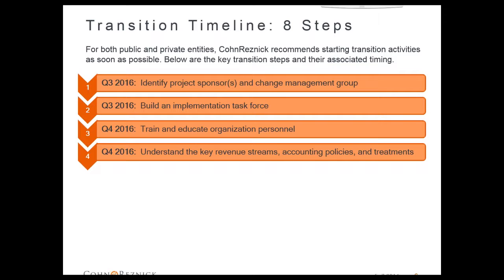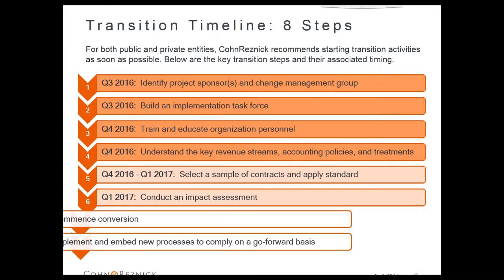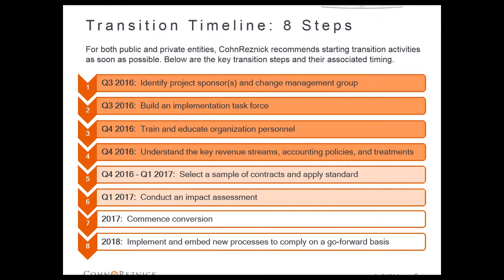In our second webcast, we covered the training and education of the organization's personnel, and we also discussed understanding the key revenue streams, accounting policies, and various treatments within the organization. Today, we're going to discuss selecting a sample of contracts and applying the new standard, and also conducting an impact assessment.